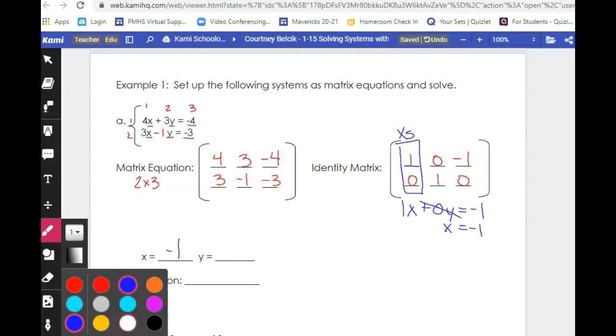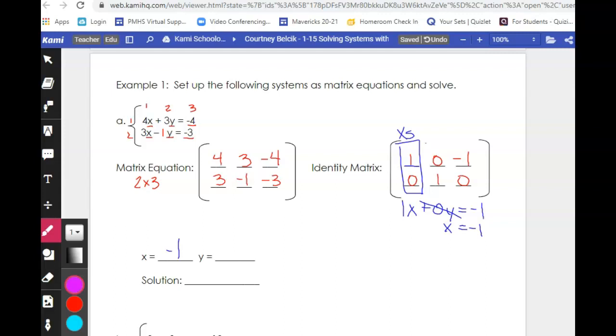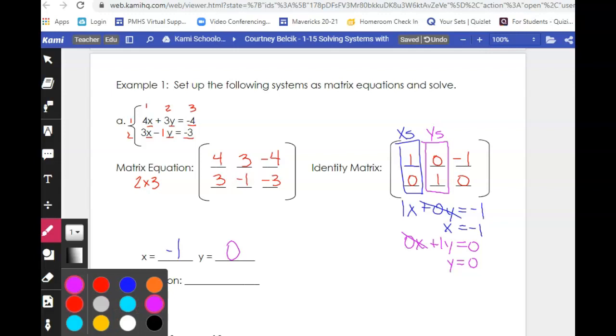And then for your second column, these are your Ys. So the second row has no X's plus 1Y equals 0. We have Y equals 0. So I would write my solution as there are only 2 numbers here, so I'd write it as an ordered pair, (-1, 0).